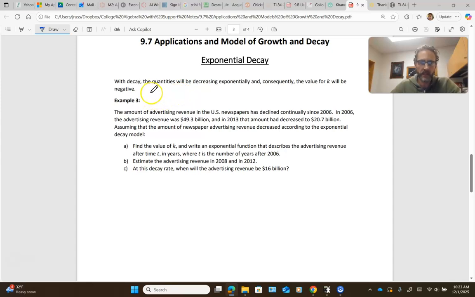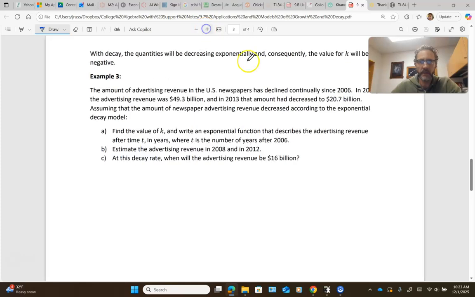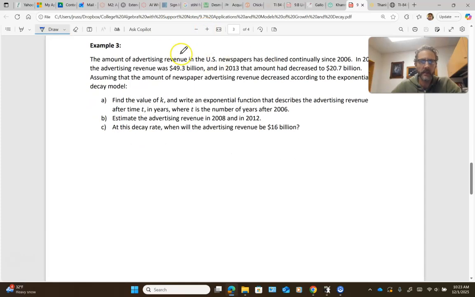But anyway, let's look at this example 3 here. Zoom in a bit. It says the amount of advertising revenue in the U.S. newspapers has declined continually since 2006. In 2006, the advertising revenue was $49.3 billion, and in 2013, that amount had decreased to $20.7 billion.